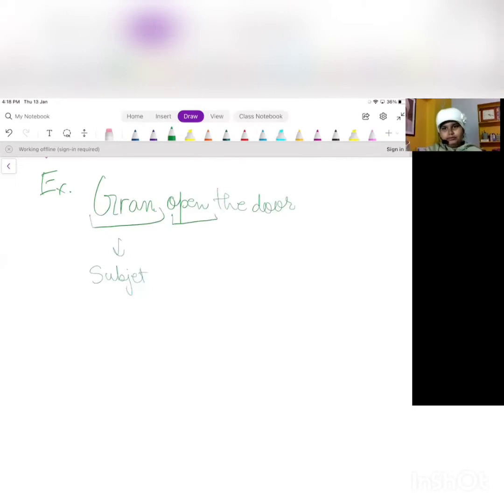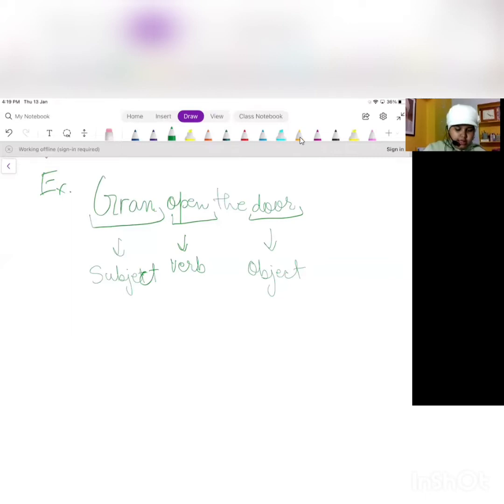Opening is an action word, so open is a verb. Then door is the object. As we all know, non-living things are objects. Subject plus verb plus object is equal to simple sentences.